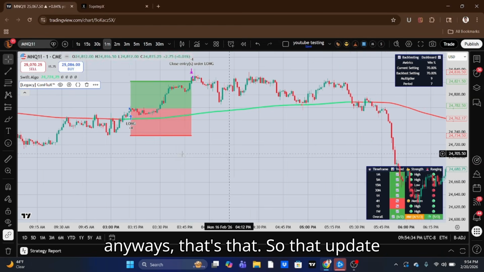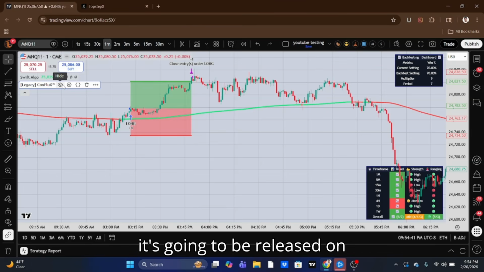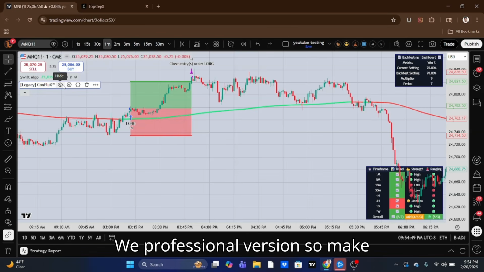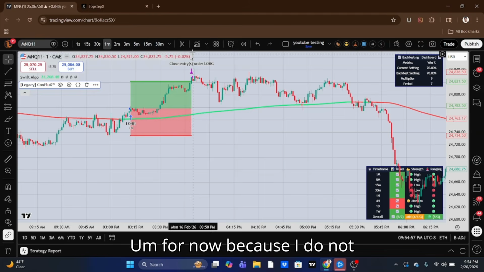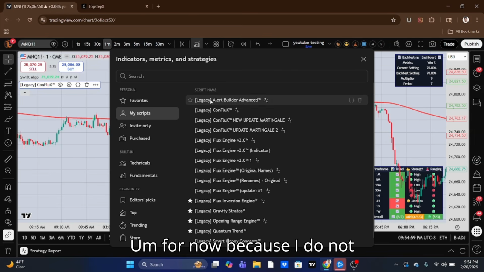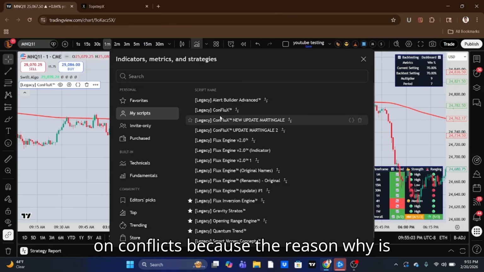But anyways, that update will be releasing tonight, however it's going to be released on a new indicator. It'll be called the ConFlux professional version. So make sure you do claim that from the WAP store for now, because I do not want to change the logic code on ConFlux.